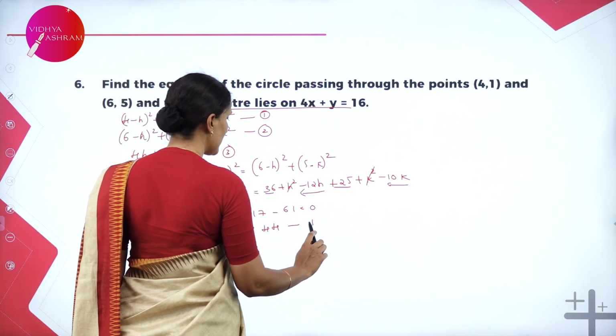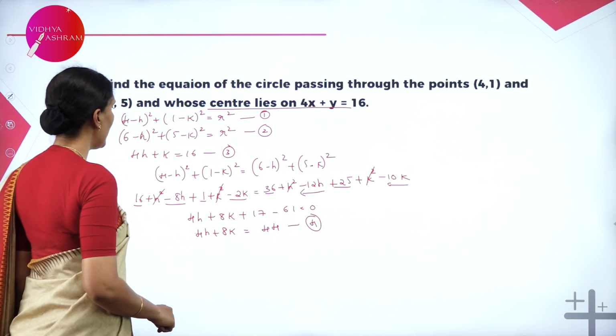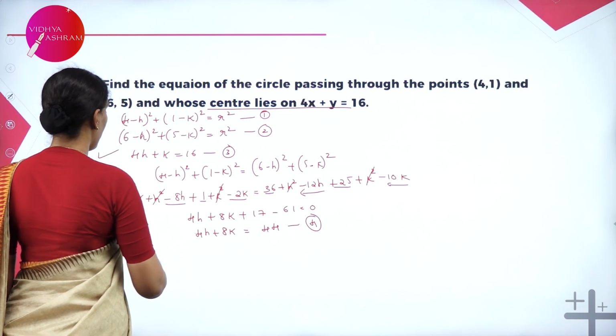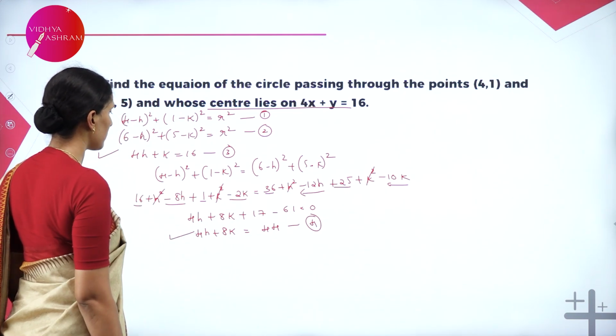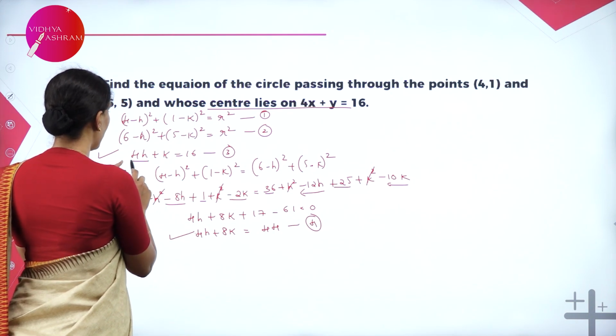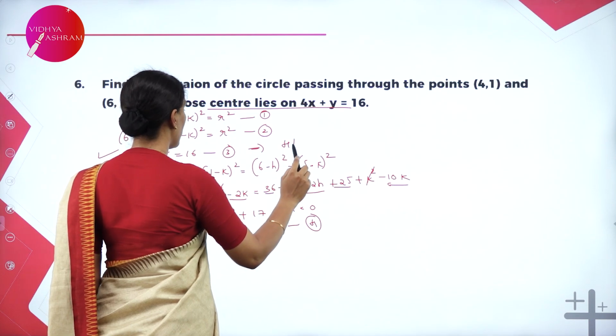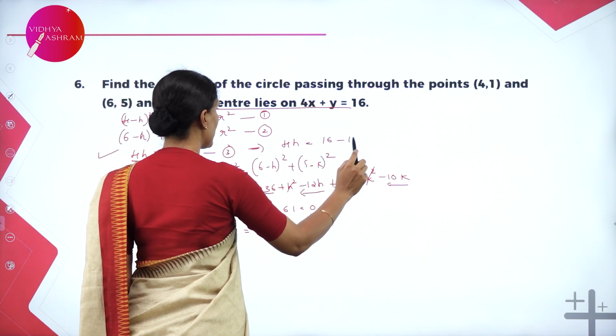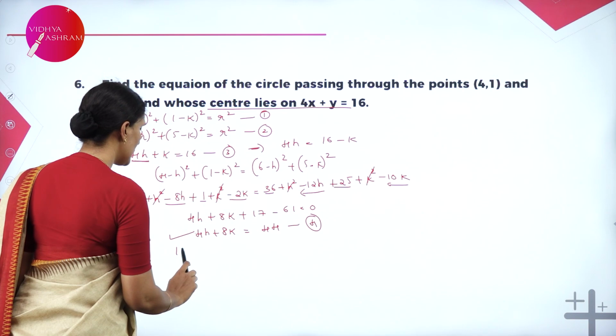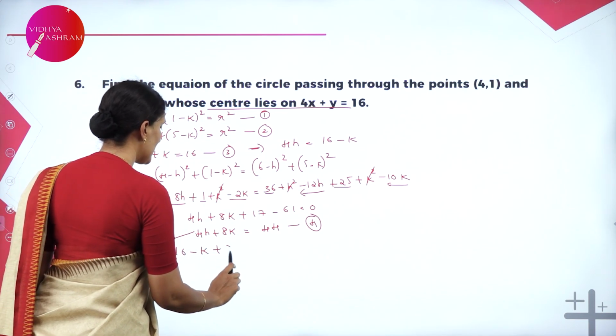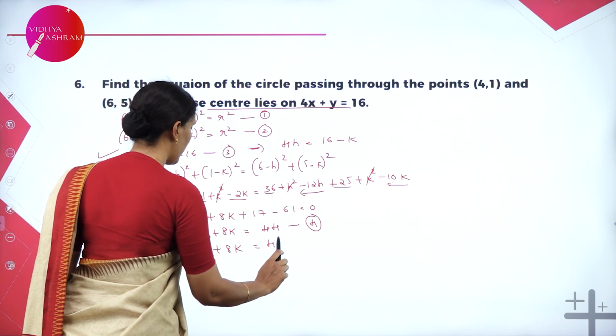So let me take this as equation 4. So clearly from equation 3 and equation 4, instead of 4h, I can rewrite this 4h as 16 minus k. So substituting here, 16 minus k plus 8k is equal to 44.